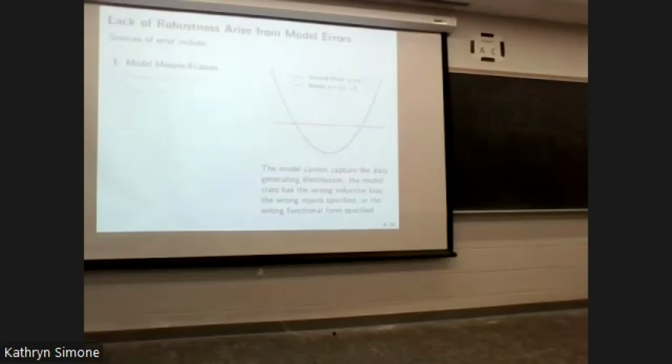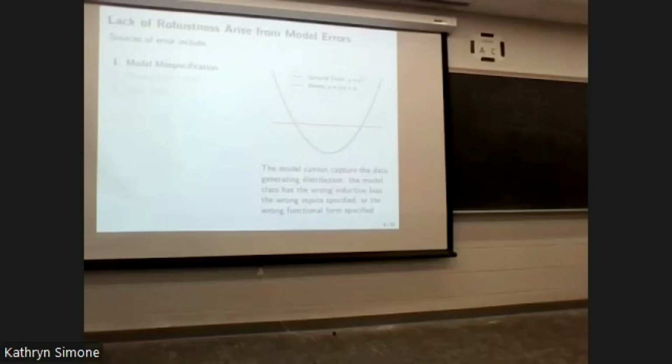Conversely, if your model is not sufficiently expressive, so we're trying to fit a polynomial with just a linear model, again you get a bad fit. This is a bad model. So really, the problem is when we can't capture the data generating distribution in the space of models that we've constructed.